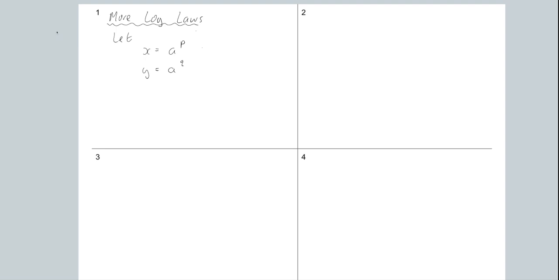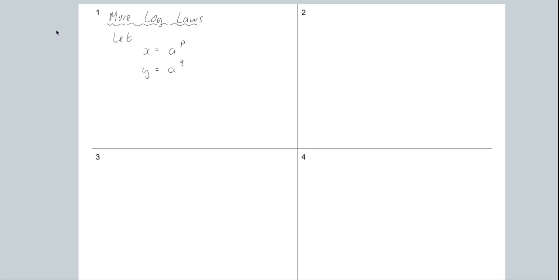So just for the benefit of the video, what I asked students to do was to convert these two equations from power form into log form. So you should have got something like this.